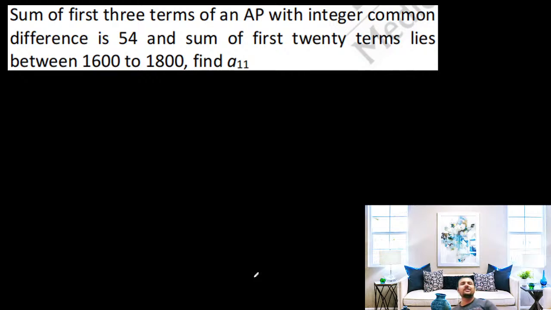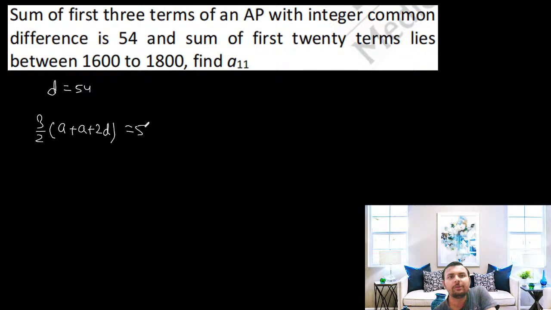Sum of first three terms of an AP with common difference... is 54. Sum of first 20 terms lies between this and this. Okay, sum of first three terms of the AP: 3 by 2 times (a plus a plus 2d) is equal to 54.